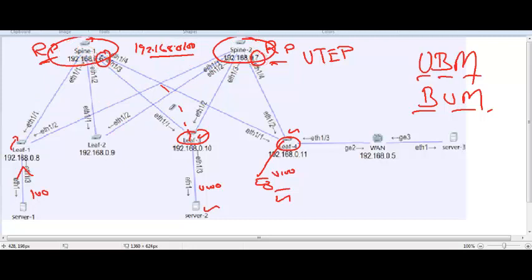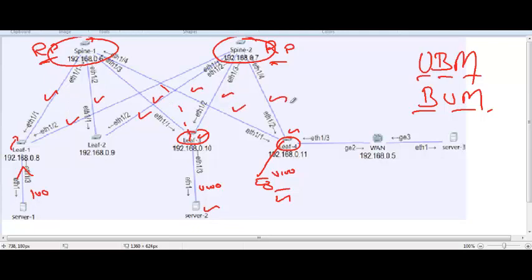Only then can the multicast packet be transported. PIM is necessary. Without PIM, the multicast packet will not know on which link to pass through. PIM should be enabled for multicast to work on the link, for the multicast packet to be transported over the link.